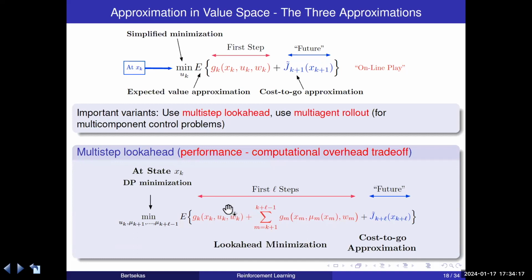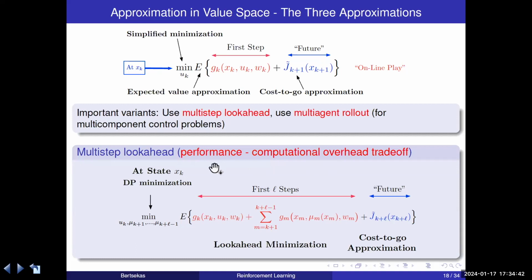There's a lot more computational overhead in this minimization than in this minimization. On the other hand, generally speaking, with multi-step look ahead, you can get enhanced performance of the look ahead policy that you get. So that's the trade-off. More computation for better performance.